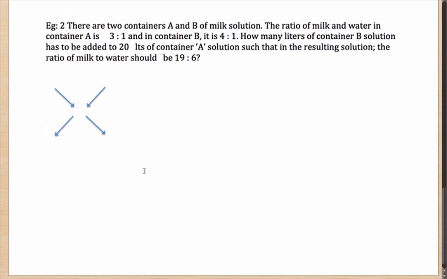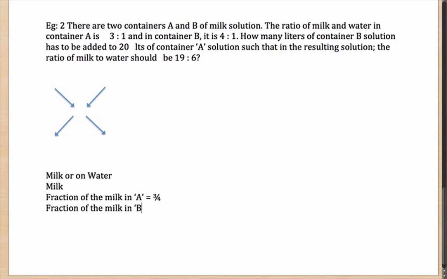For this, the first thing that you will need to do is figure out what quantity you are applying alligation on. You can apply alligation either on milk or on water. Let's say I apply the alligation on milk. So, what is the fraction of milk in the first container? In A, the fraction of milk is 3/4. The fraction of milk in B is how much?